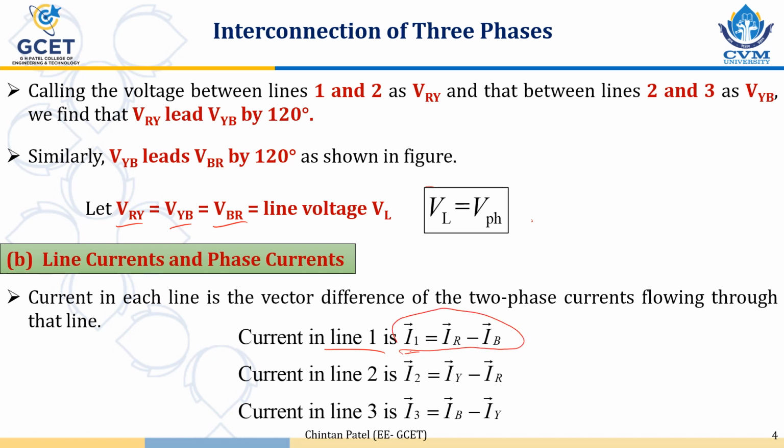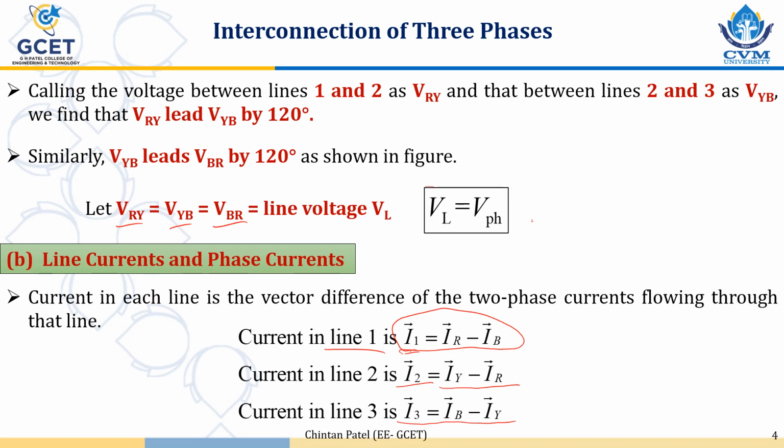Similarly, current in line 2 is IY minus IR, and current in line 3 is IB minus IY. So on the right hand side, it is the difference of two phase currents, and the left hand side quantities I1, I2, I3 are line currents.